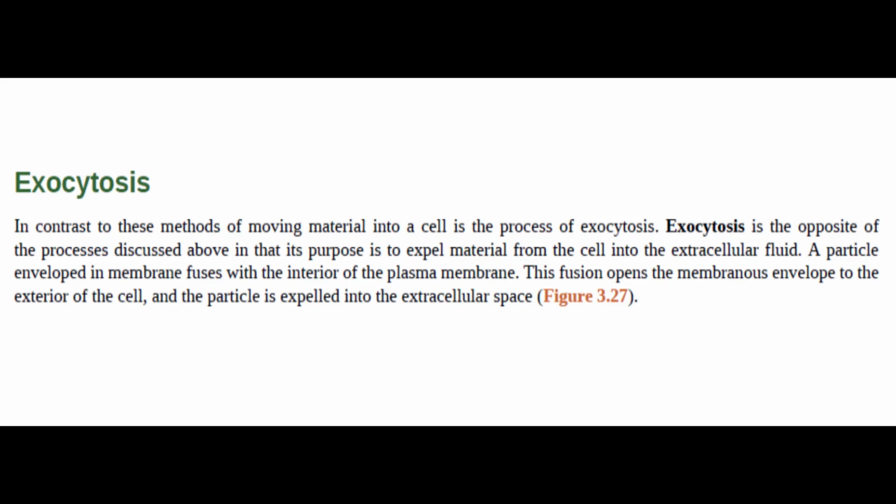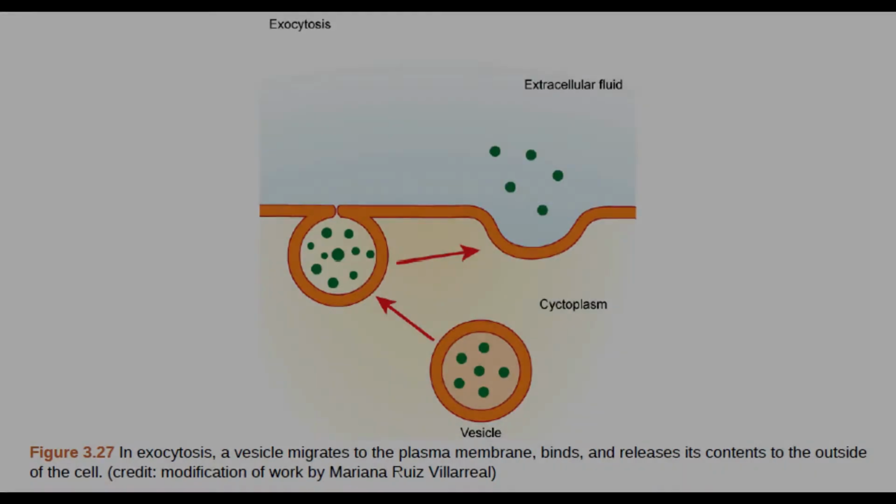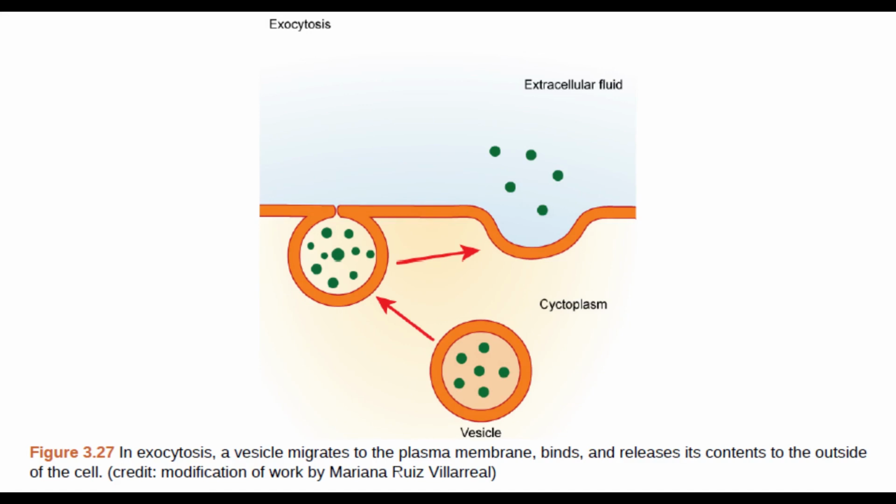This fusion opens the membranous envelope to the exterior of the cell, and the particle is expelled into the extracellular space. Figure 3.27. In exocytosis, a vesicle migrates to the plasma membrane, binds, and releases its contents to the outside of the cell.